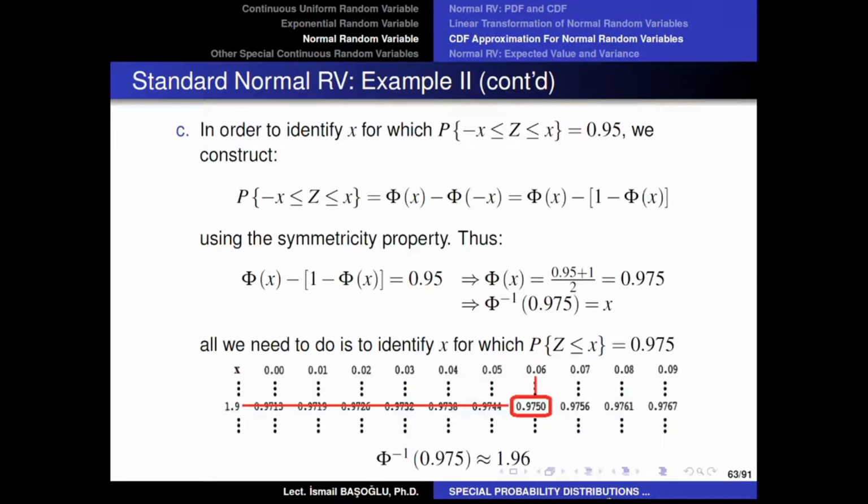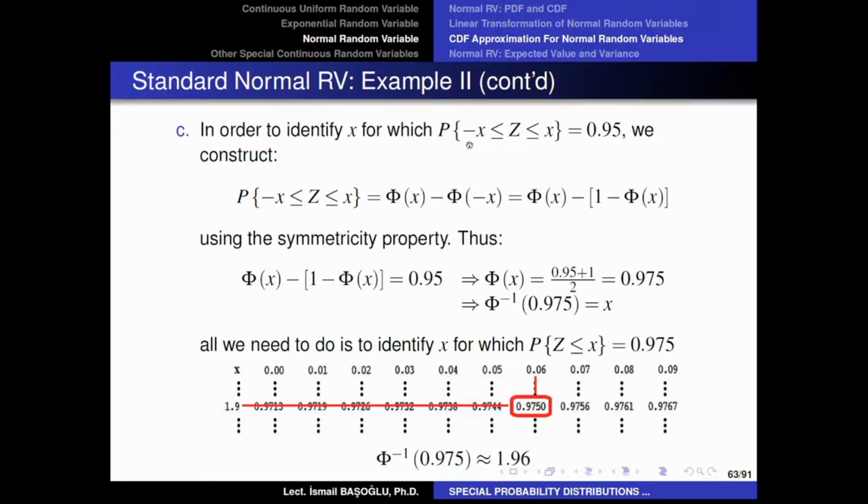So this is the explanation. My objective is to determine this probability, right? What is this probability? The CDF at x minus the CDF at minus x, right? So the CDF of the standard normal distribution at x, which is the area on the left-hand side of x, minus the CDF of the standard normal distribution at minus x.